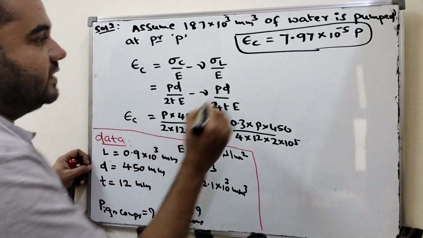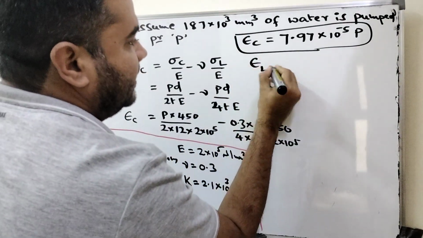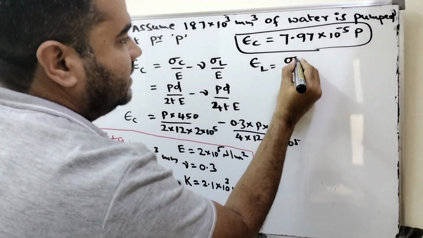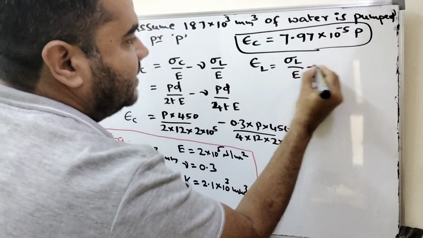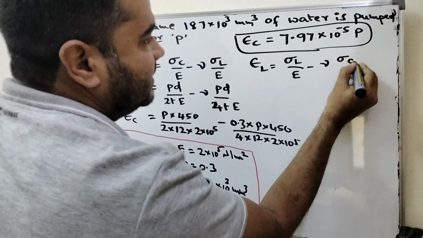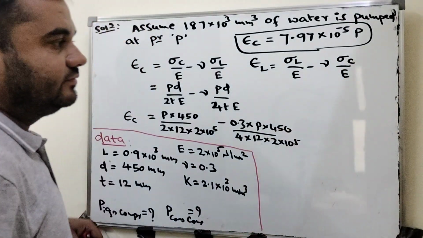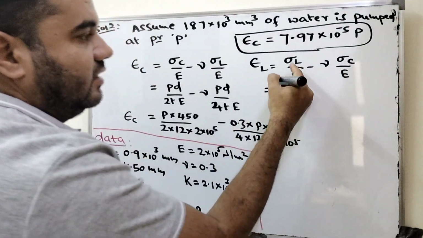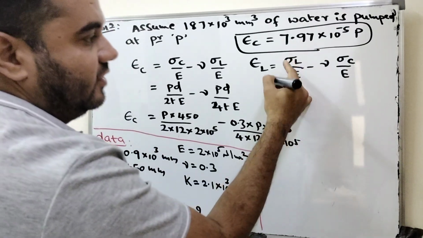Similarly, calculate the longitudinal strain. Longitudinal strain equals longitudinal stress divided by E minus nu into circumferential stress divided by E. Now again substitute. What is the longitudinal stress here?